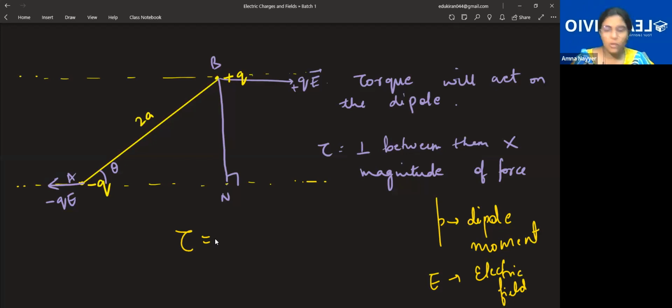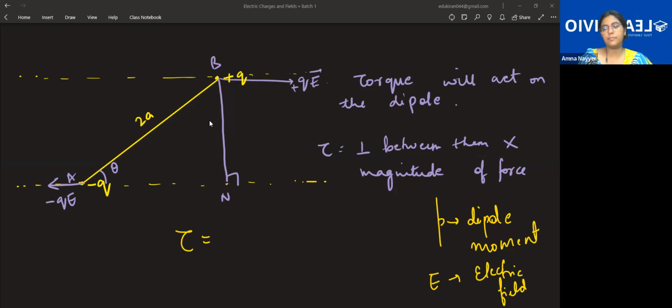Okay, now class, you answer: what is the perpendicular distance between these two lines of action? I have drawn everything on the board.